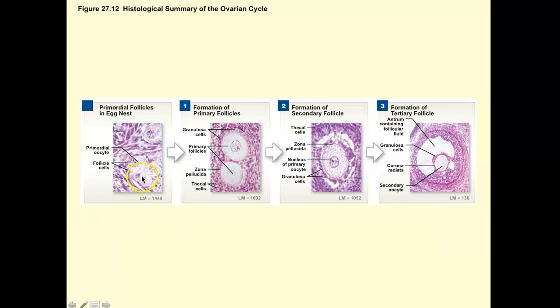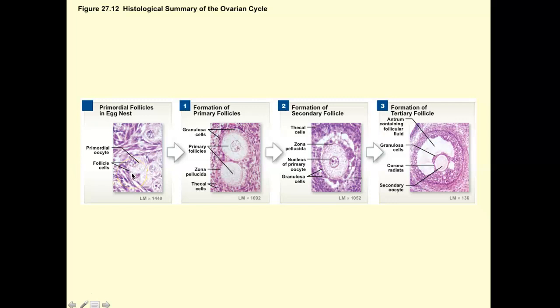All right, so inside the cortex of the ovary, a fetus will actually have many primordial follicles. So her ovaries are going to have way more primordial follicles containing oocytes than she'll ever need in her life. She'll never ovulate as many as she has. So you have this huge collection of primordial oocytes within a primordial follicle.